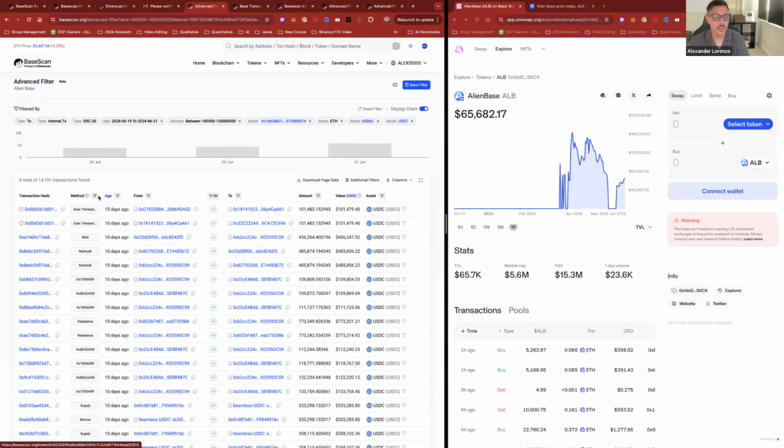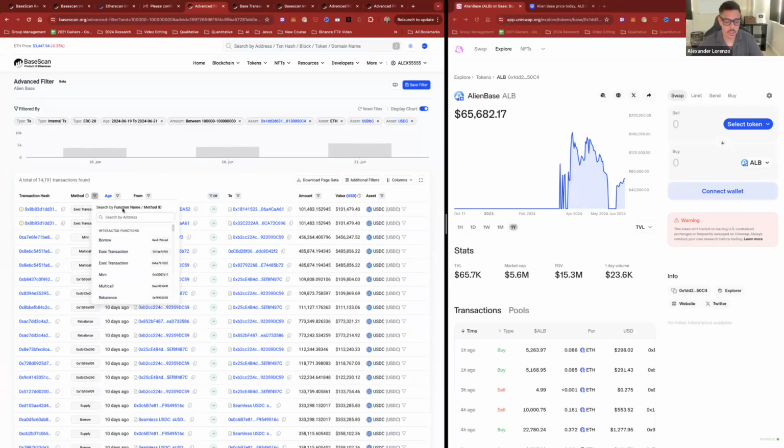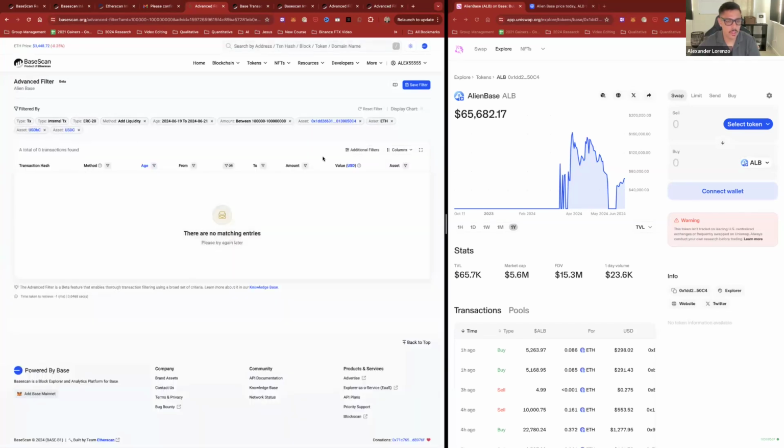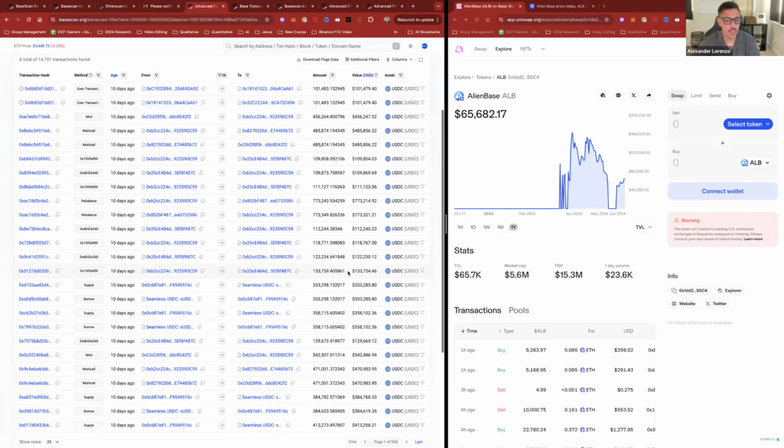You could, but it's not exact science, because if I click add, it's weird. Look, there's different add liquidities, and I think it's based off transaction type. I don't know what that means. I wish I knew.